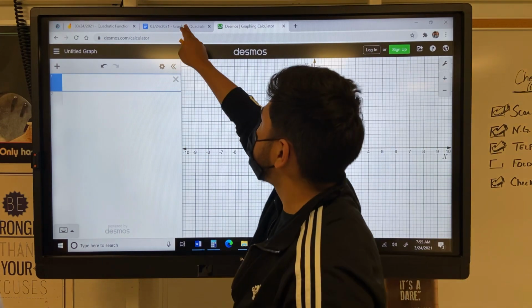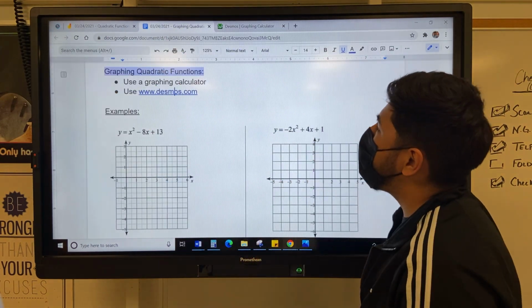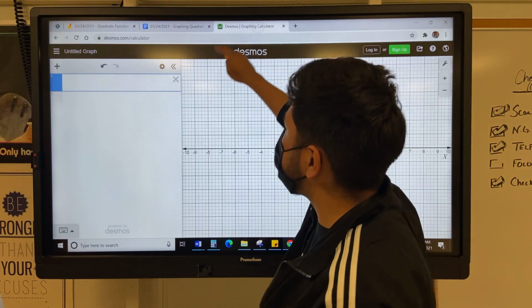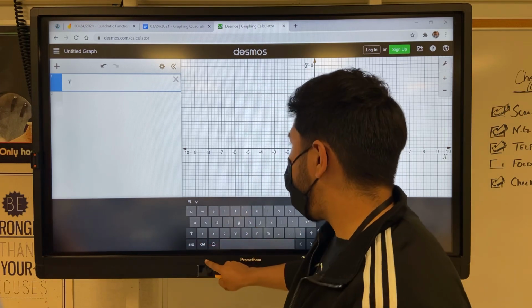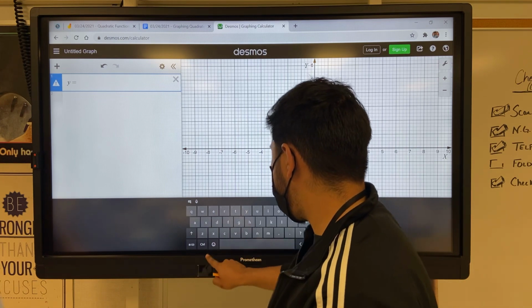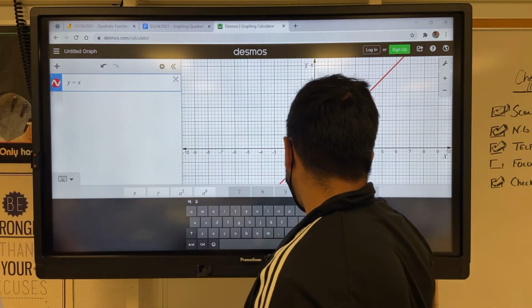After that, do yourself a favor. Type in that equation, that quadratic function, y equals x squared minus 8x plus 13. Take your time. Y, nope, I don't like your capital. Y equals x squared minus 8x plus 13.